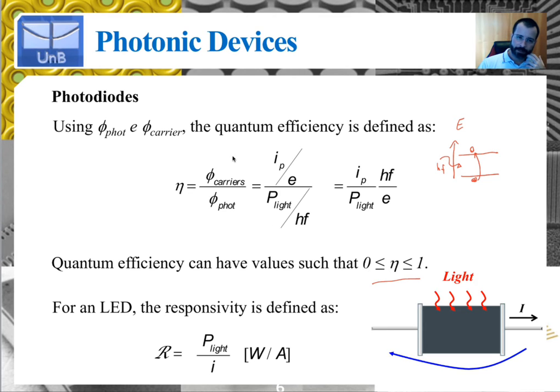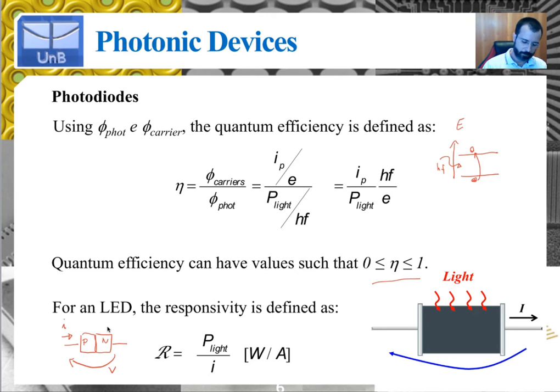Now, another important parameter that we've already mentioned and is related to the quantum efficiency is the responsivity of the device. The responsivity of an LED, we've looked at this before, because the LED is usually going to be made up of a PN junction which is of course forward biased, and therefore you'll have a direct bias current here.